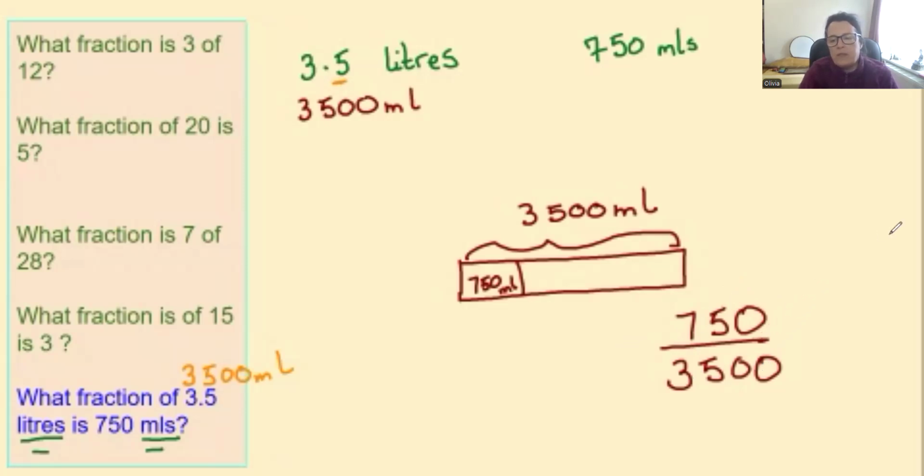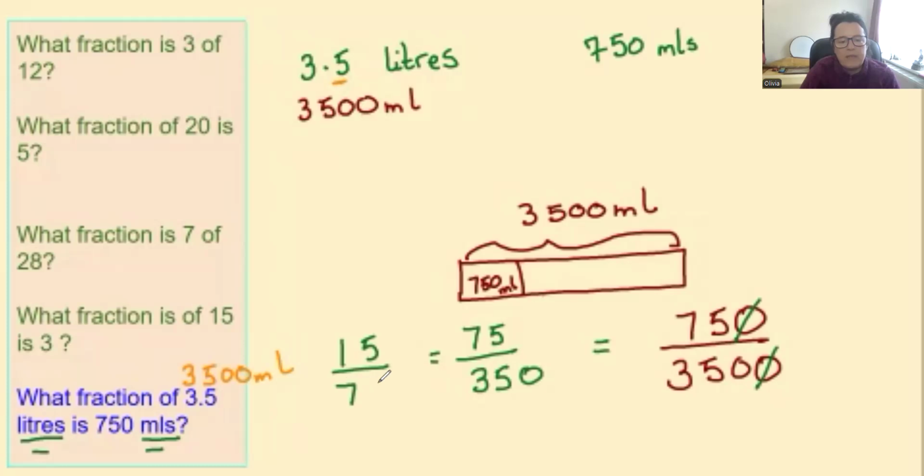And of course, if I wanted to simplify this, well, I've got a 0 on each, so I can cancel my zeros out, which is equivalent to 75 over 350. If I want to simplify further, I can just divide by 5. So 5 into 75 is 15. 5 into 350 is 70.